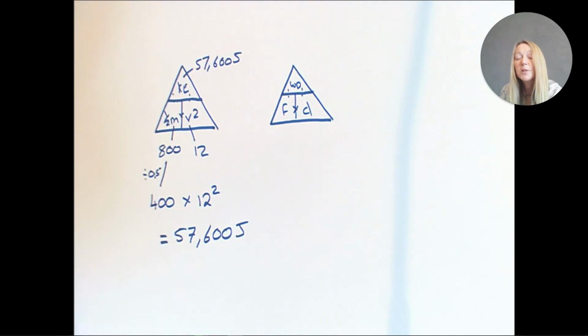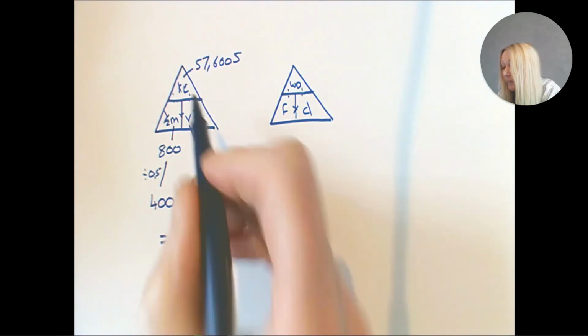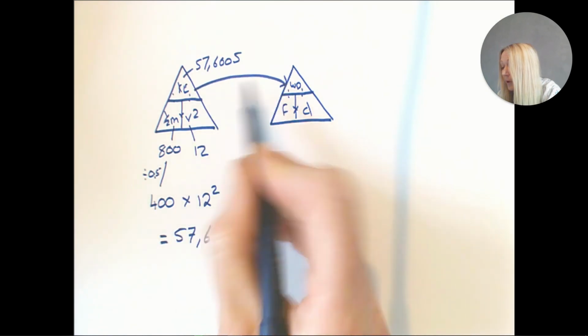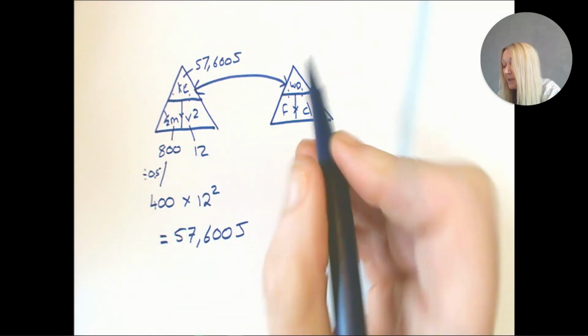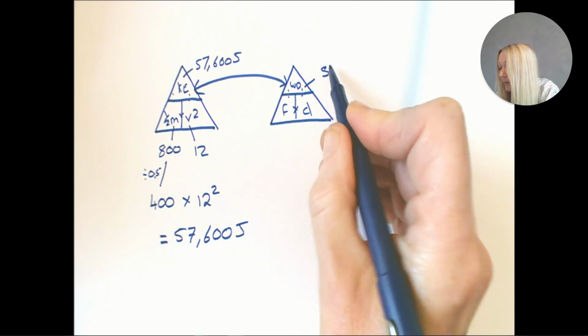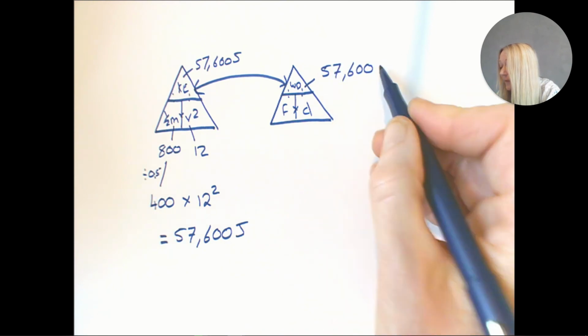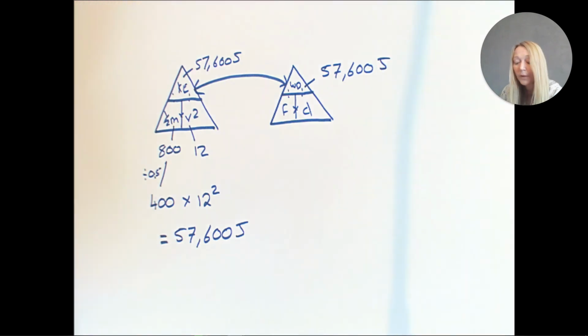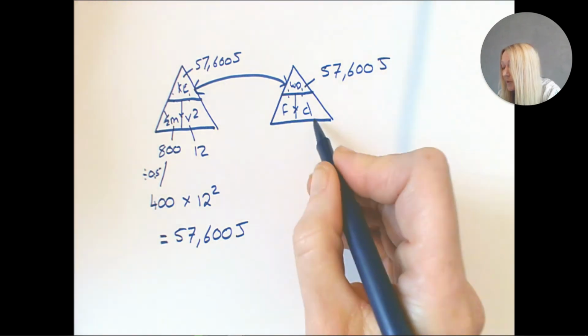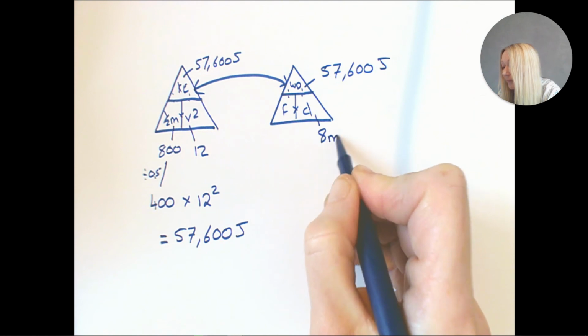Now we're going to assume that when it's stopped, all of the kinetic energy has been transferred. And an energy transferred means that's the work done. So we've had work done of 57,600 joules. We were told that it stopped in 8 meters.